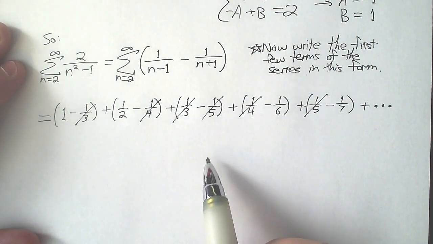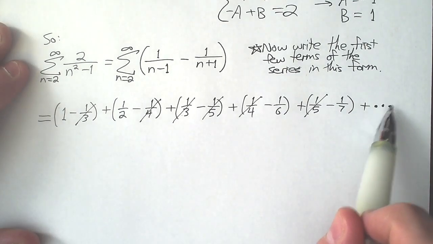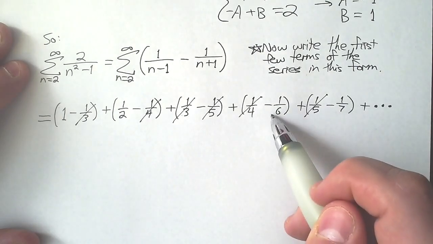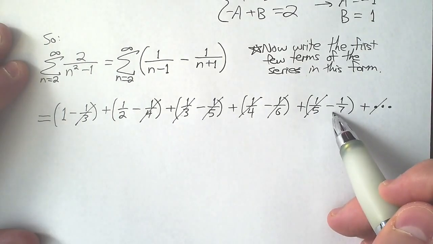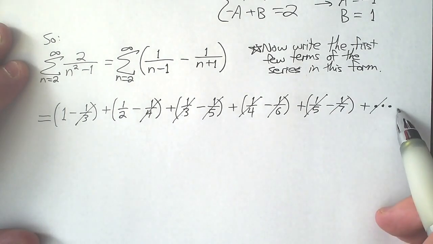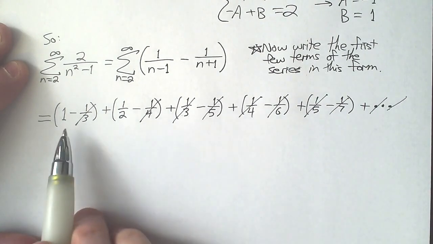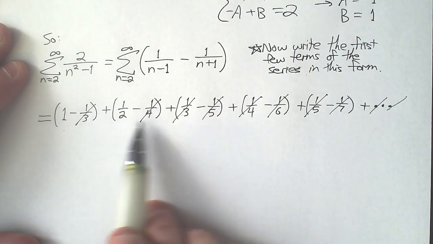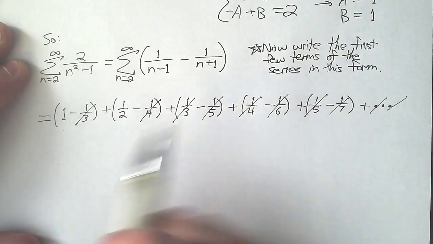And doesn't it feel like this minus 1/6 probably cancels with a plus 1/6 down the line? It's like right around here. And the minus 1/7, doesn't it seem like that's going to cancel with a plus 1/7 that happens? So wait, what am I left with? The 1 did not cancel with anything, and the 1/2 did not cancel with anything.